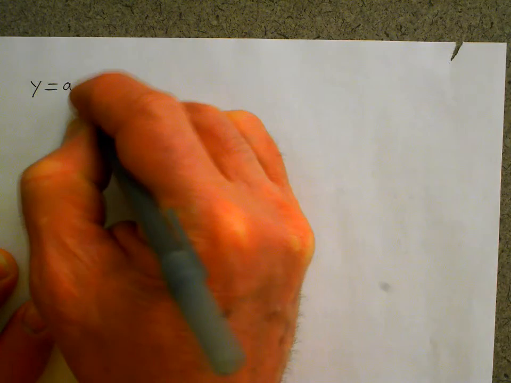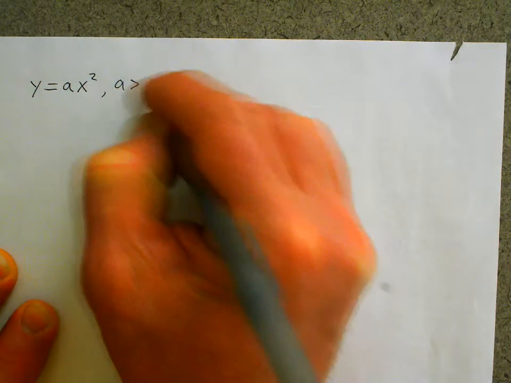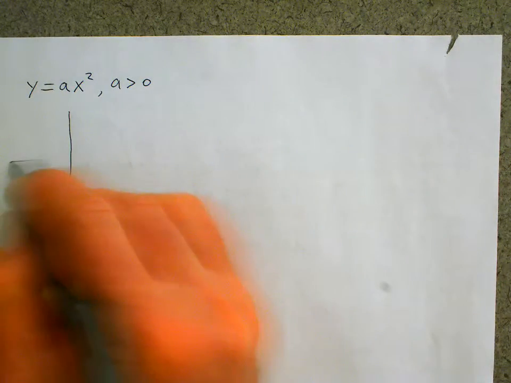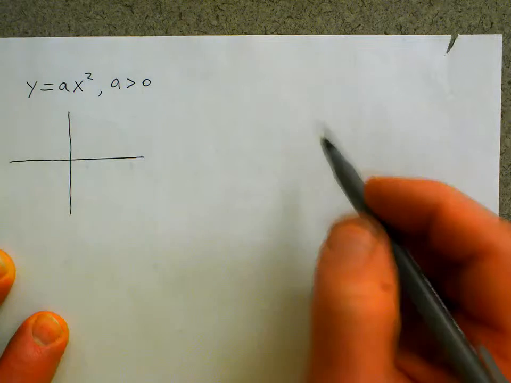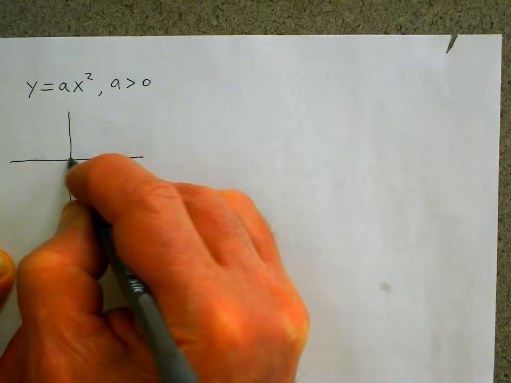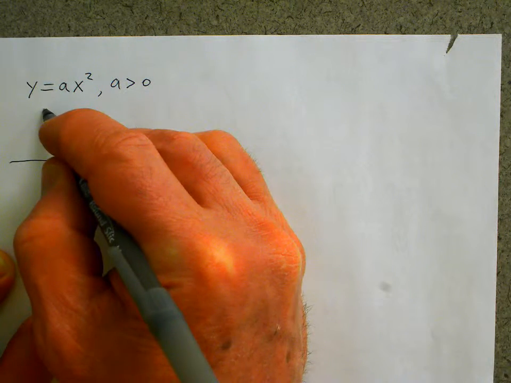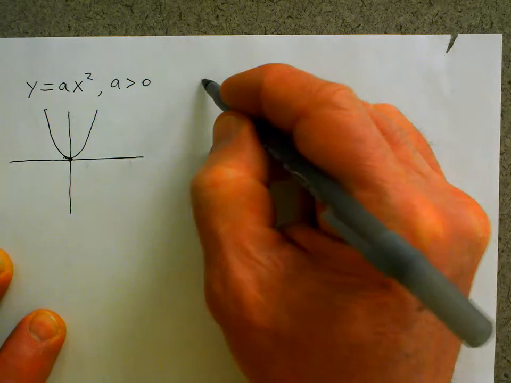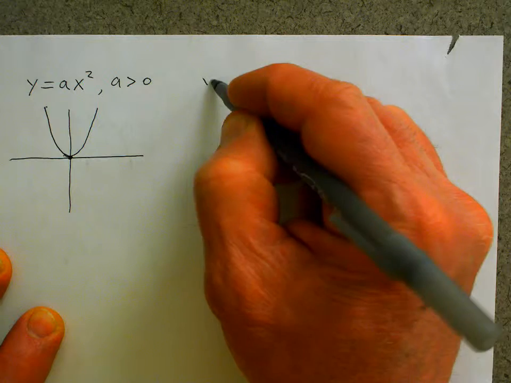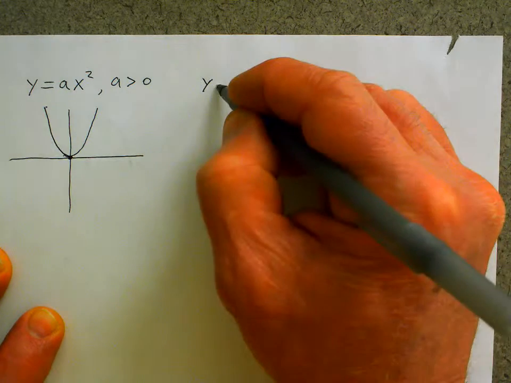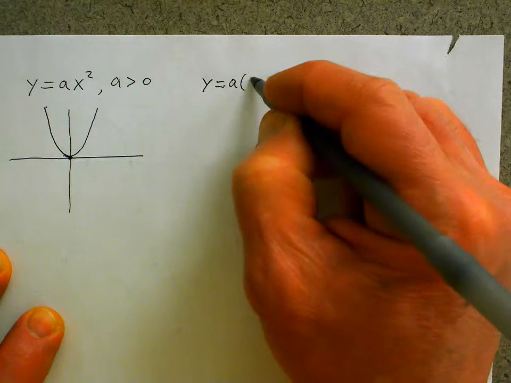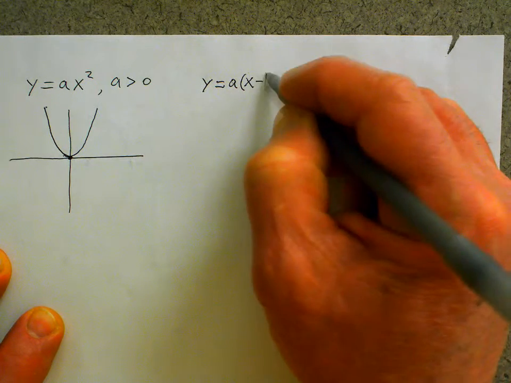So suppose we begin with y equals a times x to the second with a greater than 0. Then the graph of y equals ax to the second is a parabola. The vertex is at the origin. Then if we do a transformation, this time we'll look at y equals a times x minus h squared.